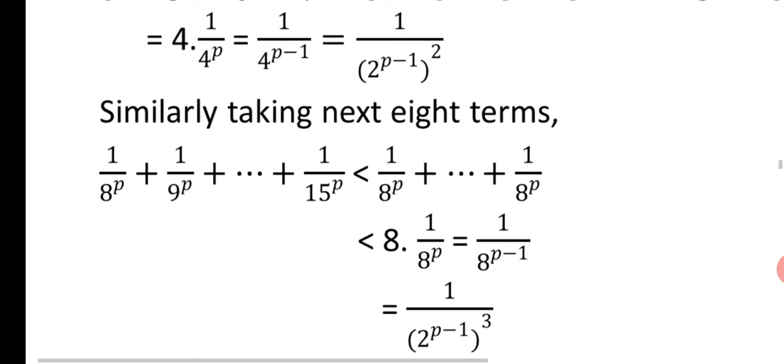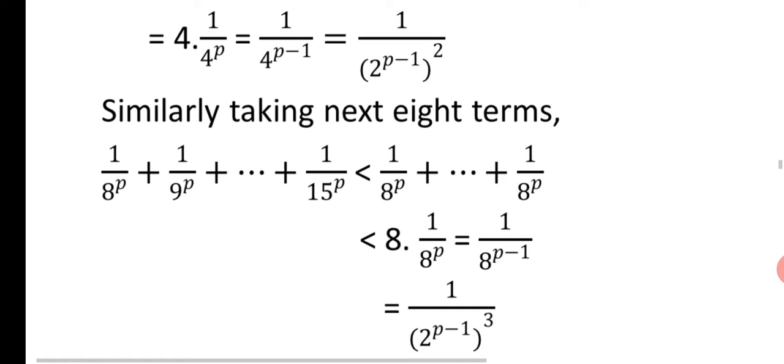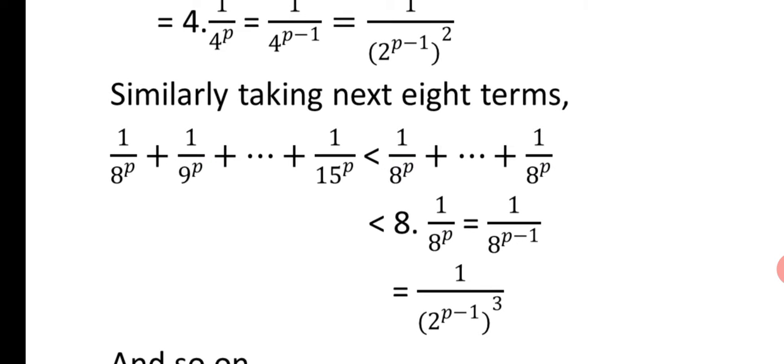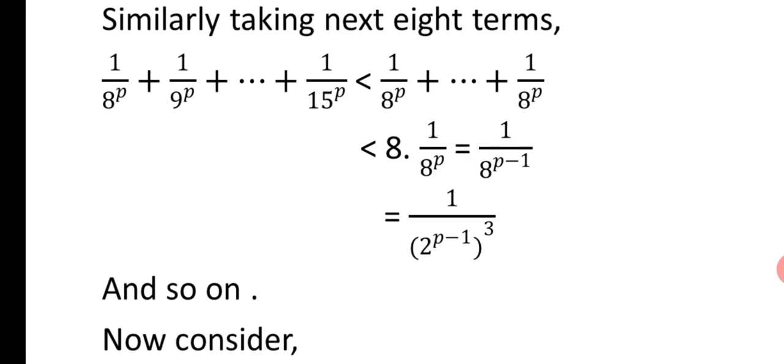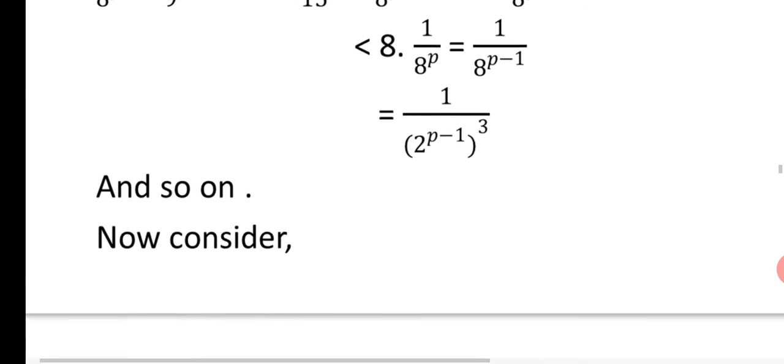Adding these 8 terms, we get 8 by 8 to the power of p. After the simplification, we have 1 by 8 to the power of p minus 1, which we write as 1 by 2 to the power of p minus 1 whole cube, and so on.